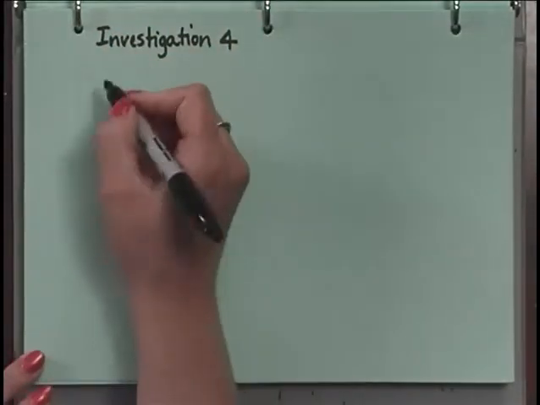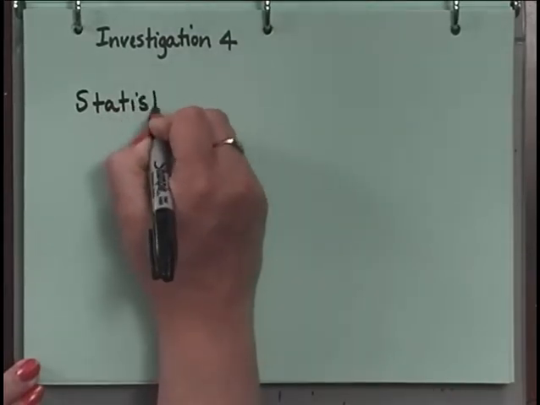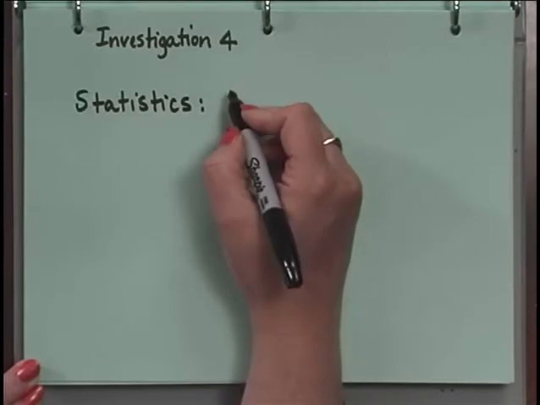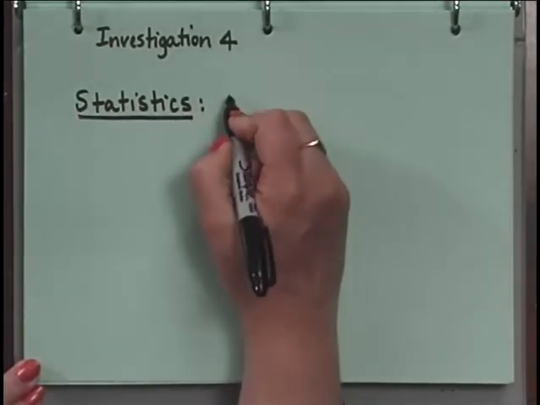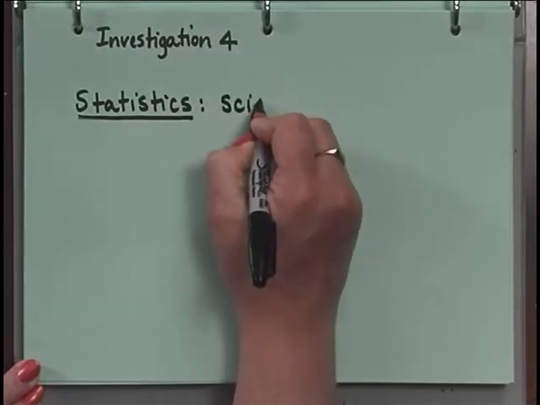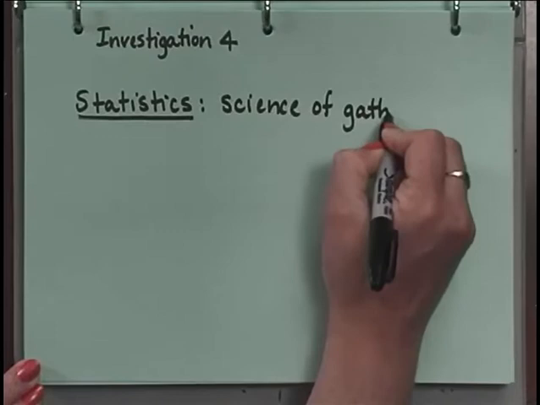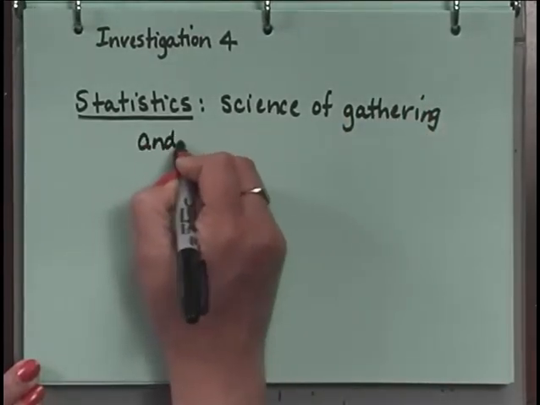Now, let's go through some terminology. We're talking about the study of statistics. Statistics is a branch of mathematics, and the study of statistics involves the science of gathering and organizing data.